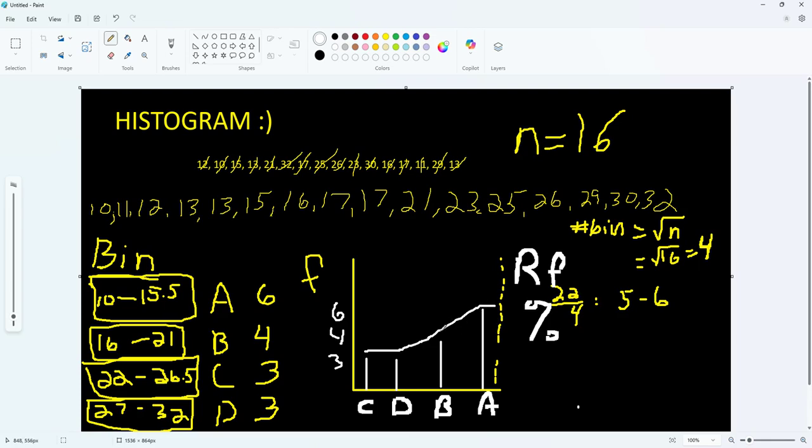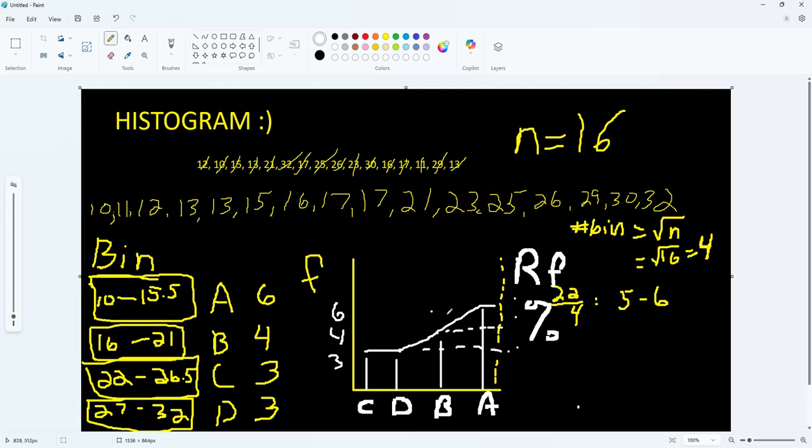So if you were to take this dot and move it over here, it would show you that percentage. This dot over here would show you that percentage and that percentage, right? So that's what this is going to show you. And this up here would be 6 divided by 22 is that percentage. 4 divided by 22 is like 4.5, right? That would be right there. And that would put your percent relative frequency right here.